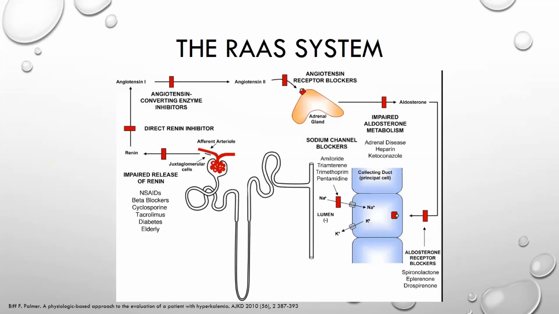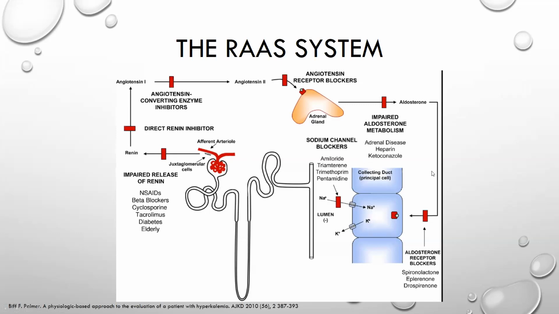Right. In talking about drugs, we've got to come to the RAAS system. Very busy slide, but I just want to point out how in this complicated RAAS system, very commonly used medications impair or affect the system at different pathways or different spots.